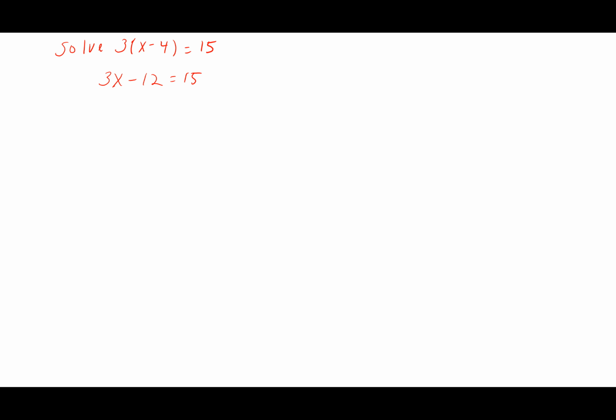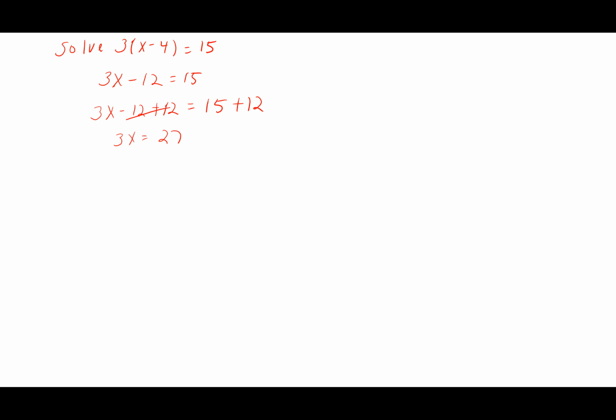Okay, now we've got it to a working solution that we've done before. So 3x minus 12 equals 15. So what do we do first? We need to get this 12 out of here, okay? So that's going to be 3x minus 12 plus 12 equals 15 plus 12. That's going away. So you have 3x equals 27.